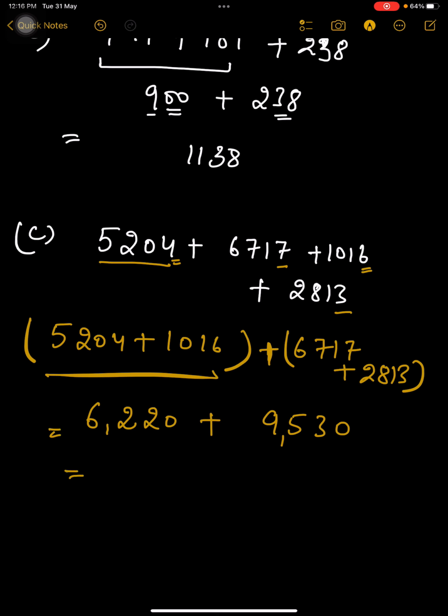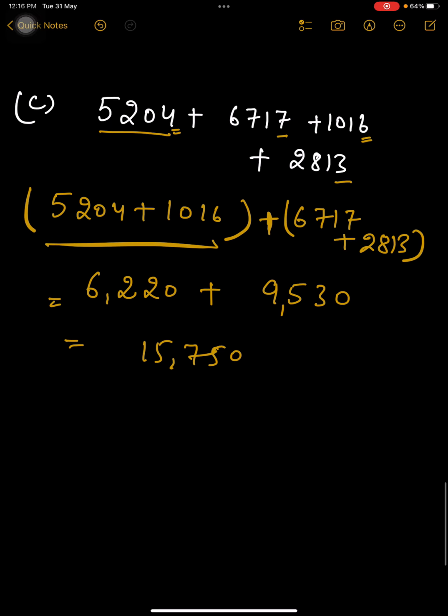Now add them both. If you add them both, you will get the answer: 6220 added to 9530 will become 15750.